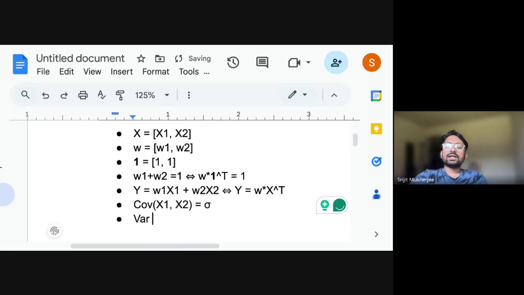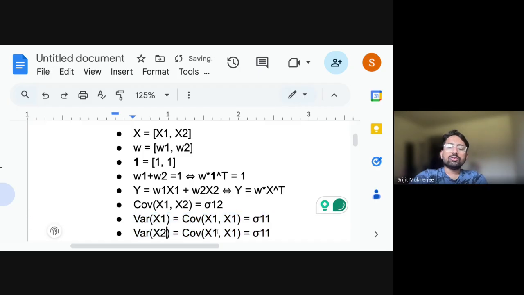So now the variance of x1 is nothing but the covariance of x1 comma x1, which will be sigma 1 1, and the covariance of x1 and x2 I can call sigma 1 2, and the variance of x2 will be the covariance of x2 with x2.